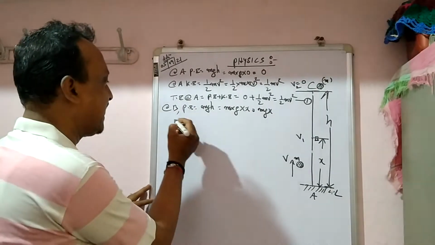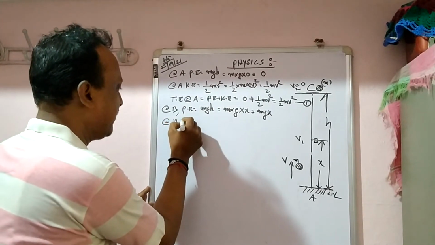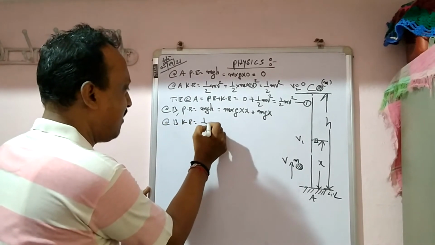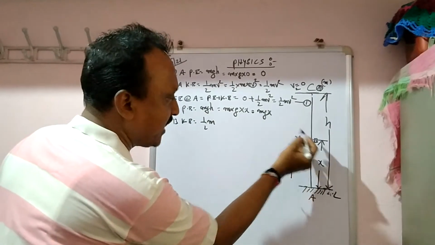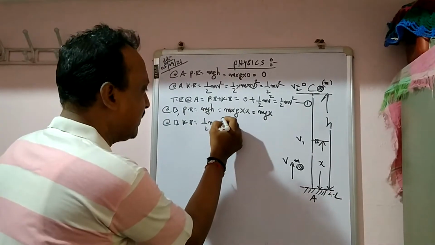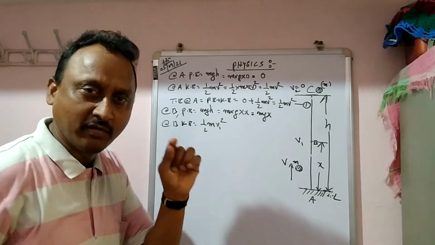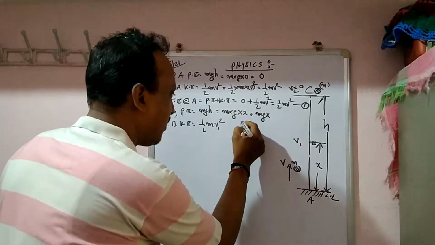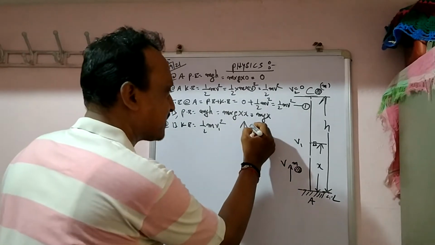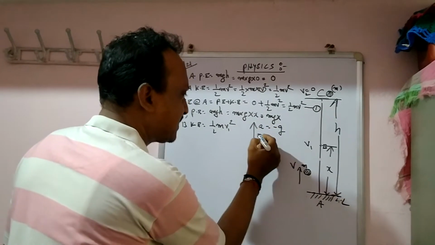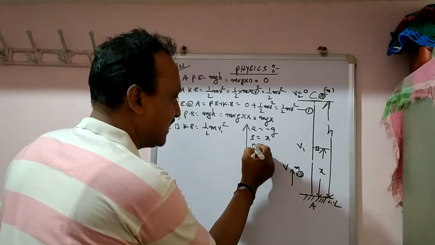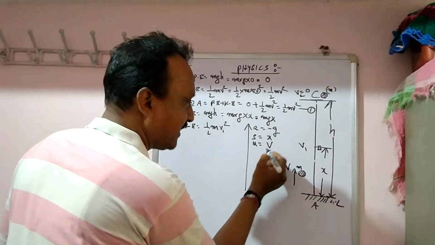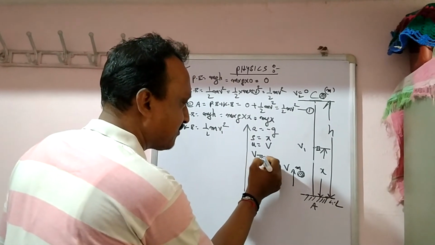Now we will find the kinetic energy K at B, which is half m into the velocity at point B, v1. Therefore half m v1 square. But we don't know v1, we have to calculate it. Because the body is traveling in the upward direction, a is taken as minus g, displacement s is equal to x, initial velocity u is equal to v, and final velocity v is equal to v1.